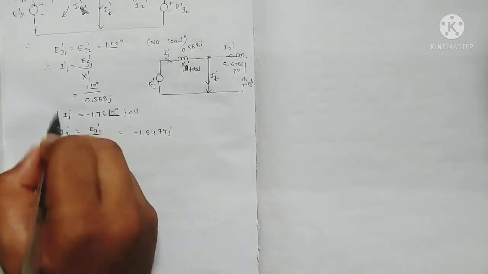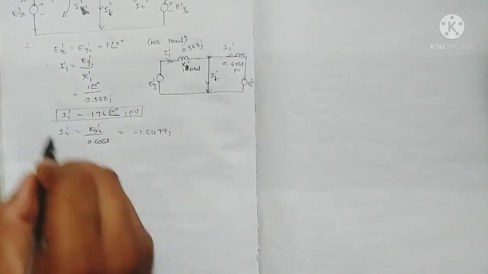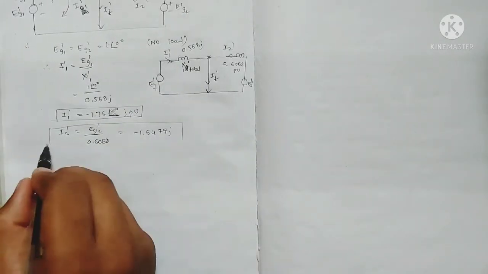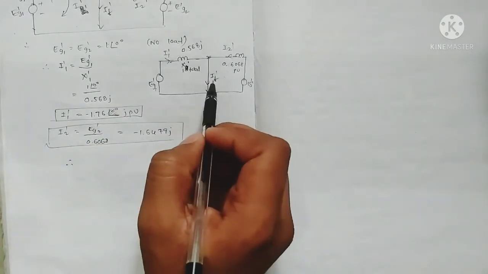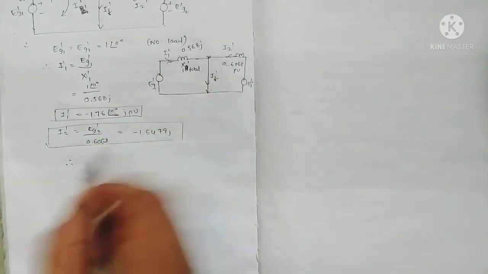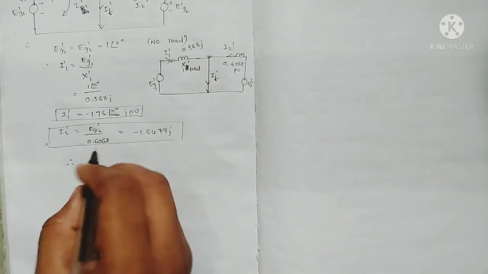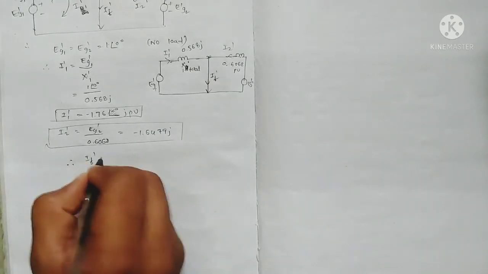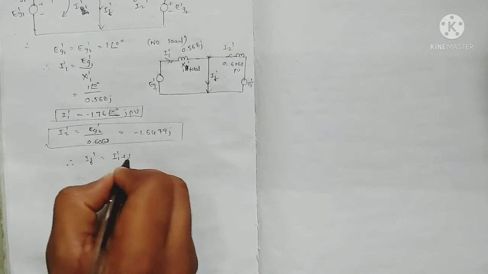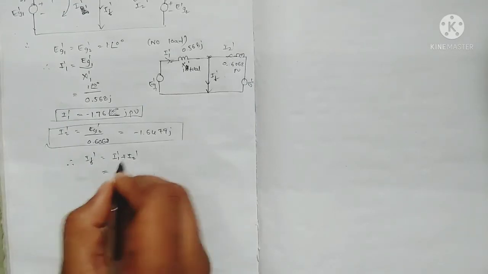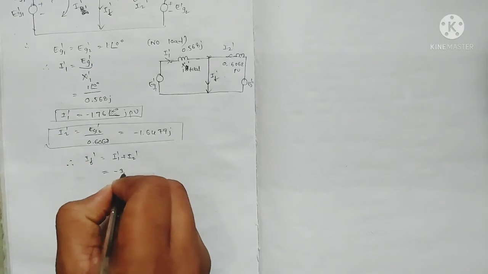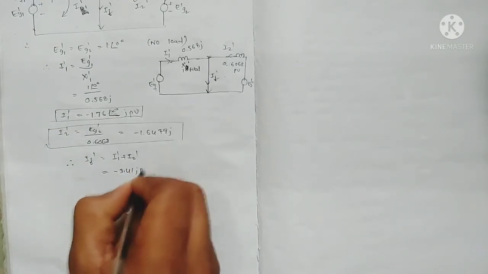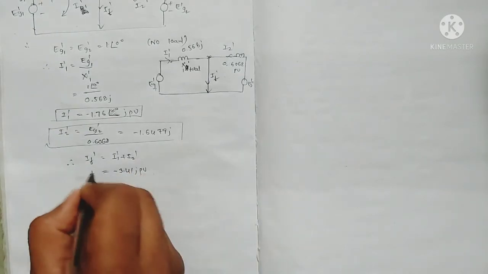Therefore we got I1 dash and I2 dash. Applying KCL here, If dash is equal to I1 plus I2. After adding these two currents, we get 3.41 J pu fault current.